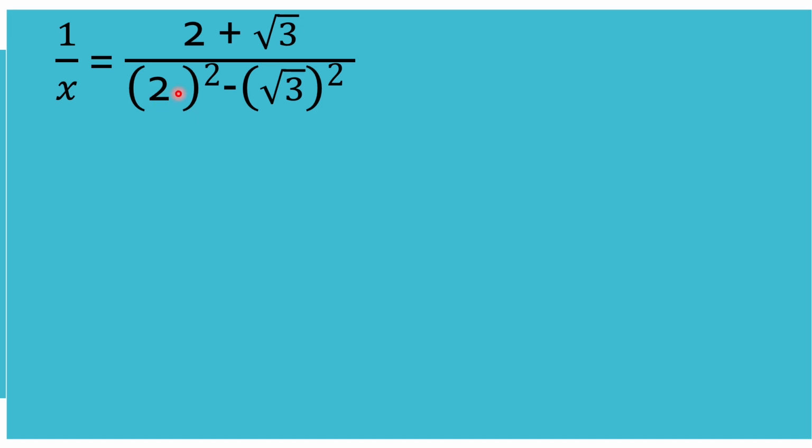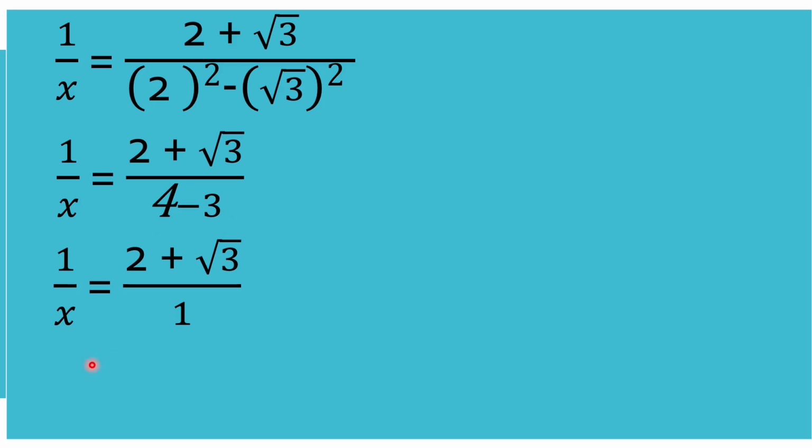This 2 squared will become 4, and the square will cancel the square root, so this will become 3. So 2 plus under root 3 divided by 4 minus 3, and 4 minus 3 equals 1, and finally we can write the value of 1 over x as 2 plus under root 3.